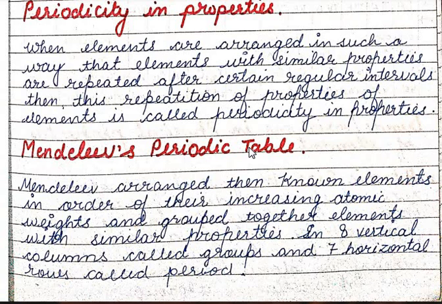It means there were 8 columns and 7 periods in Mendeleev periodic table.